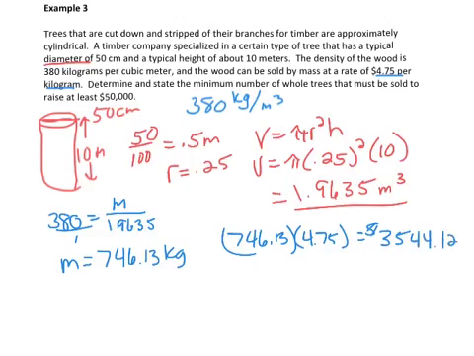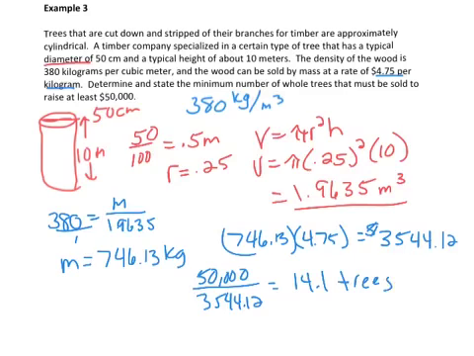All right, almost done. So now I want to raise $50,000. So we're going to figure out how many trees that's going to be. If I divide by 3544.12, I get approximately 14.1 trees.